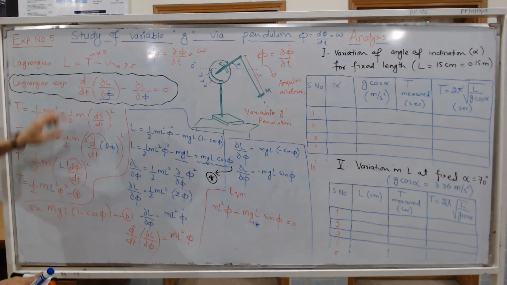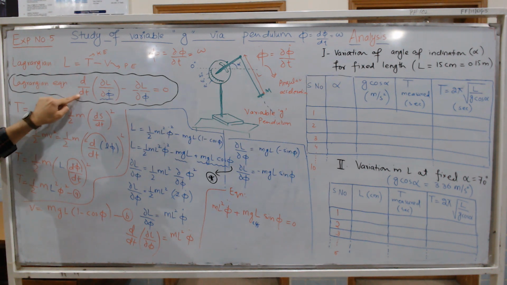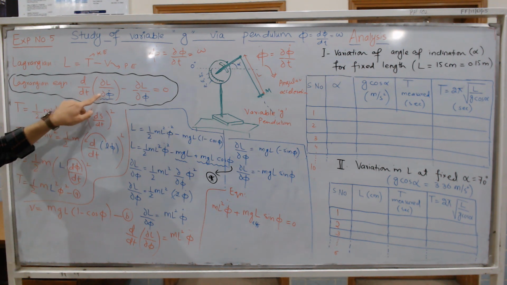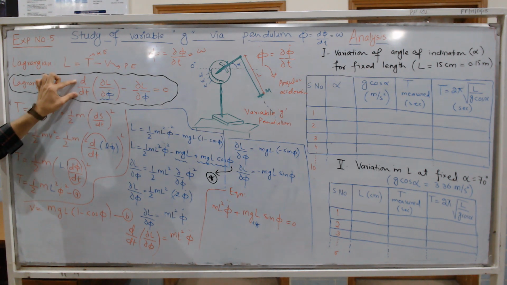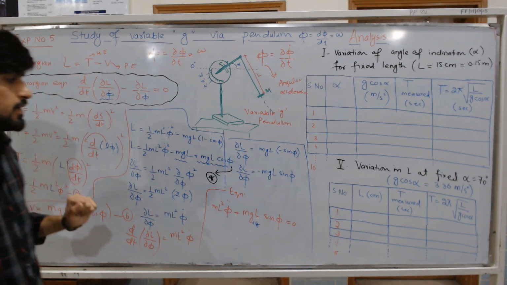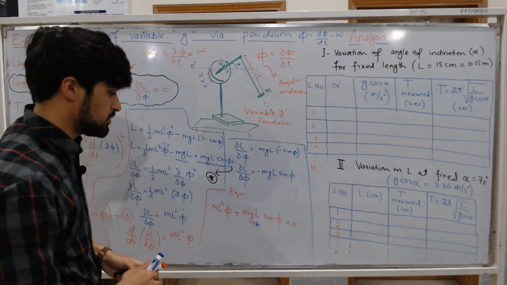One more thing is, this is d by dt, and this is partial L over partial phi dot. Sometimes I call these both d by dt, so you have to differentiate between these two: d by dt, and the partial L over partial phi dot. Keep in mind. So this is our final relation.